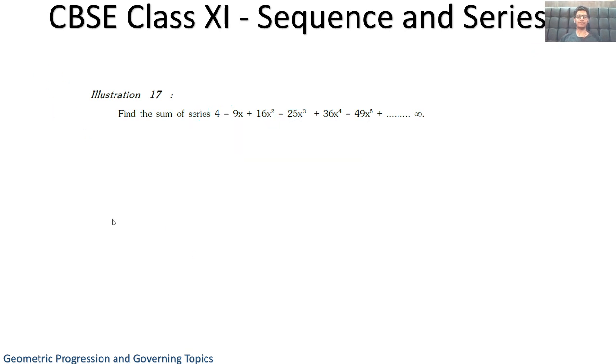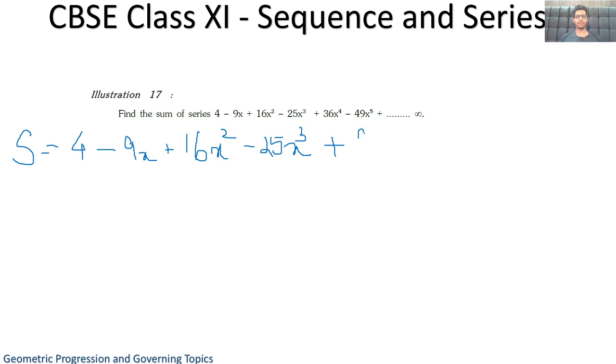So we need to find the summation of 4 minus 9x plus 16x square minus 25x cube plus 36x to the power 4 minus 49x to the power 5 plus 64x to the power 6 and so on.